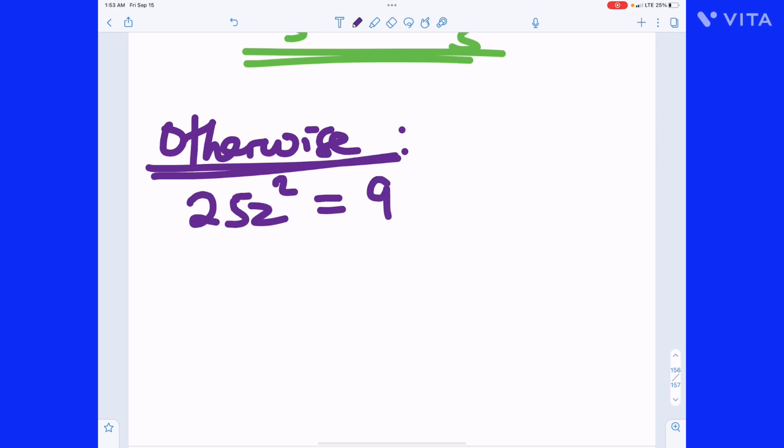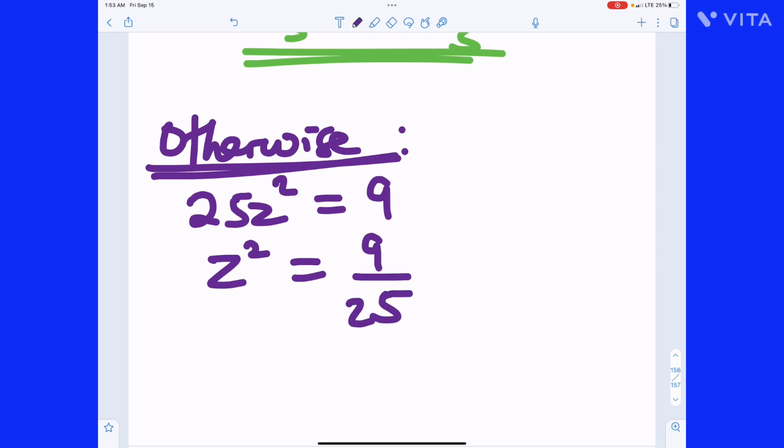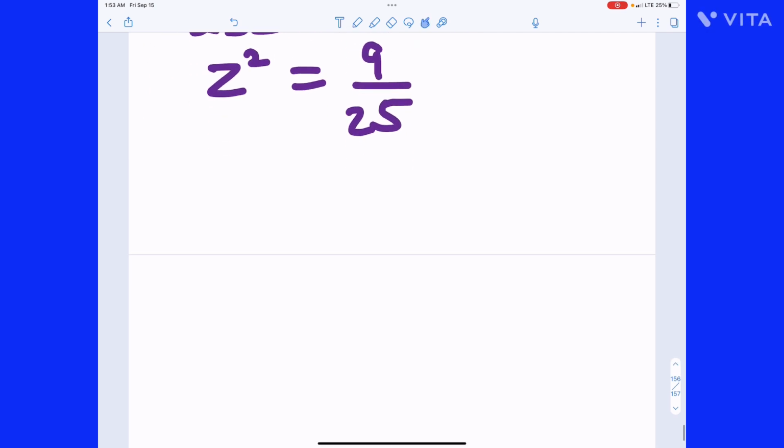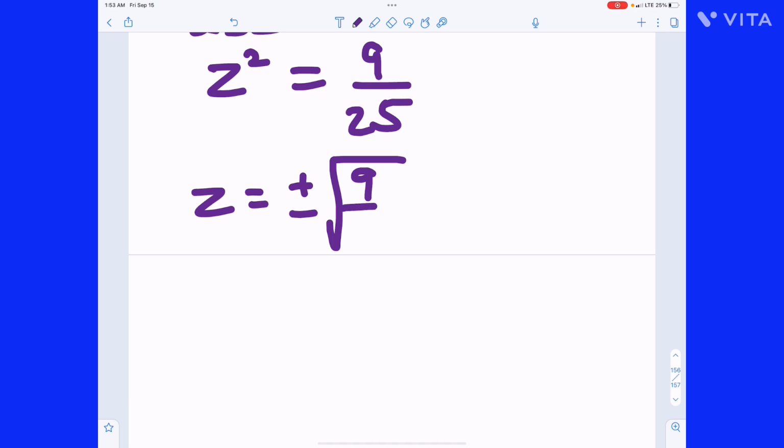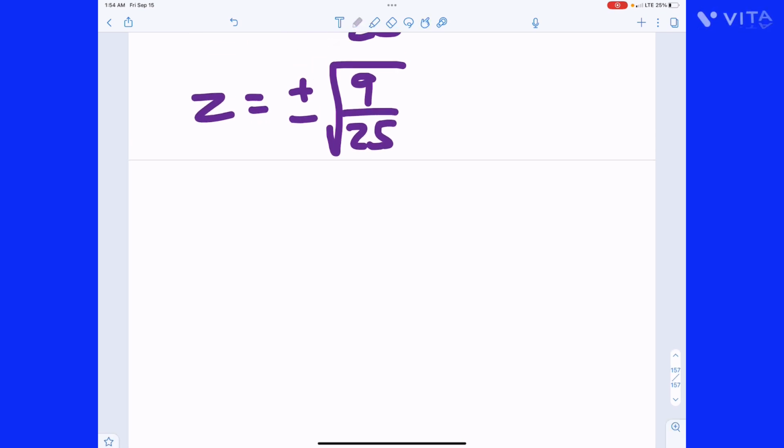25z squared is 9. If I just divide both sides by 25, z squared is 9 over 25. So z is plus or minus square root of 9 over 25. Take note of how I introduce plus or minus. When evaluating square roots of numbers, it's more correct to introduce plus or minus instead of just finding one answer, especially because this is a quadratic equation.